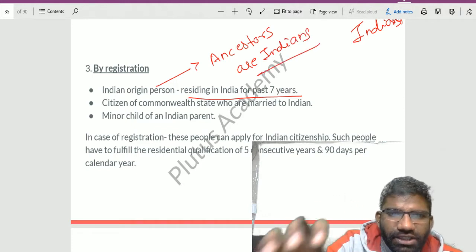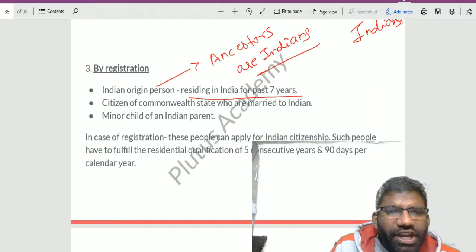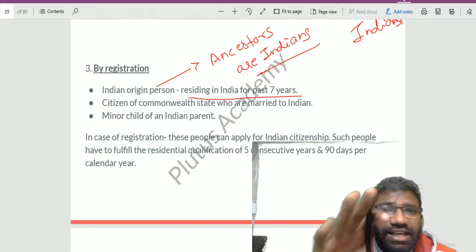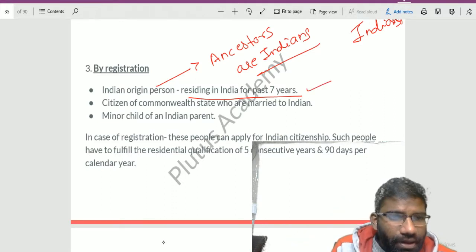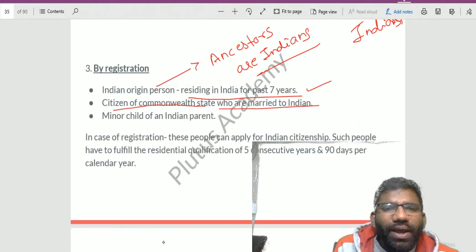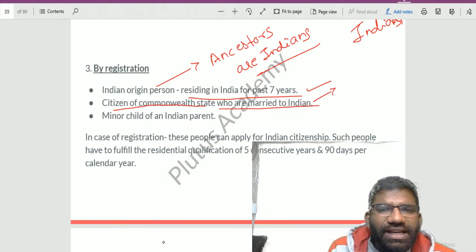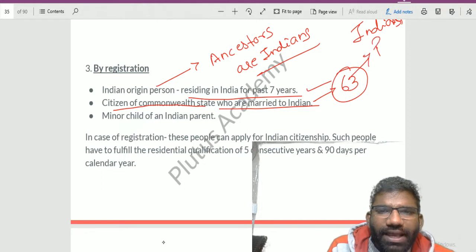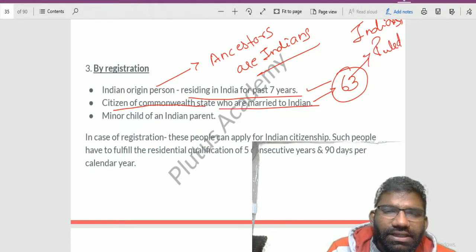That means a person of Indian origin staying in our nation for the past 7 years gets Indian citizenship. Now, if a citizen of a Commonwealth state is married to an Indian, see, what are Commonwealth states or Commonwealth countries? 63 countries were ruled by the British.